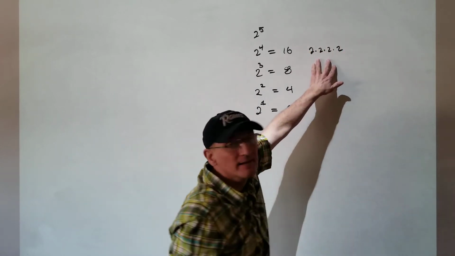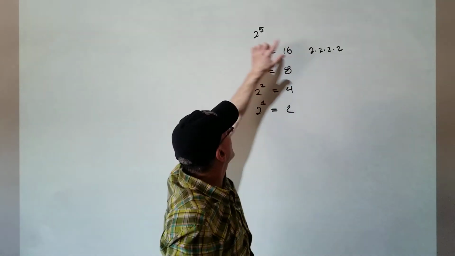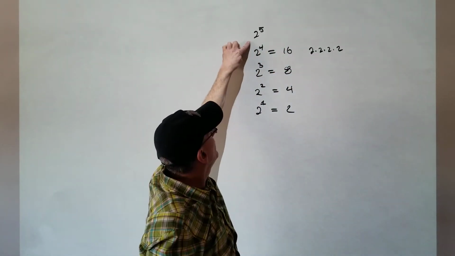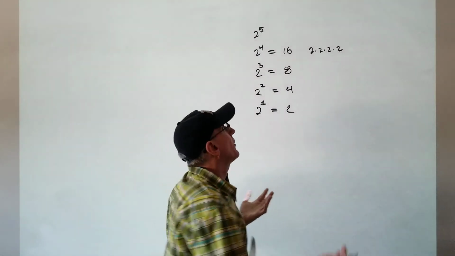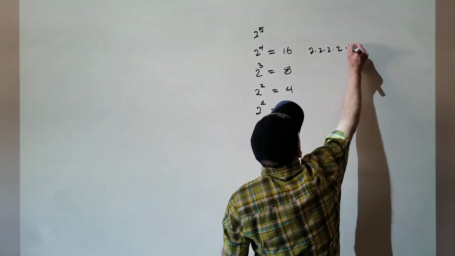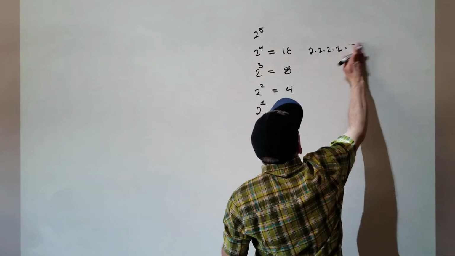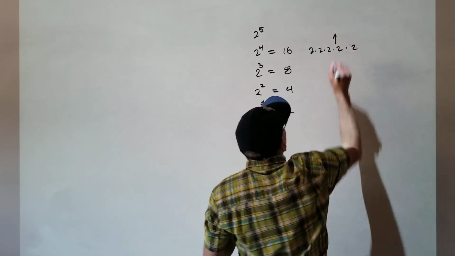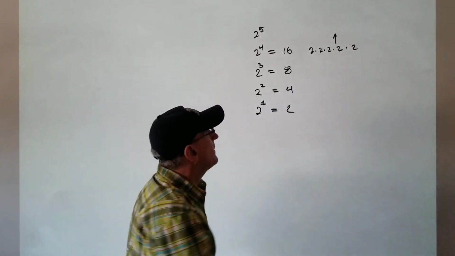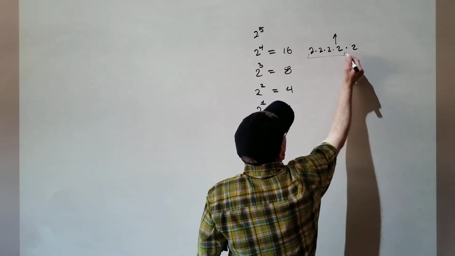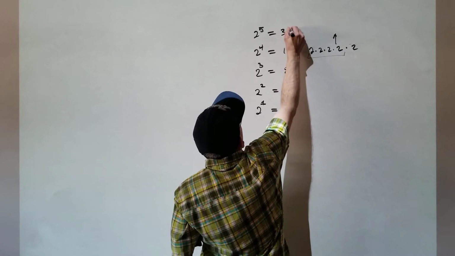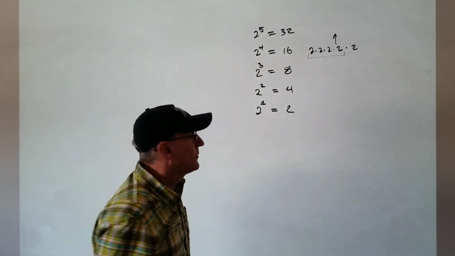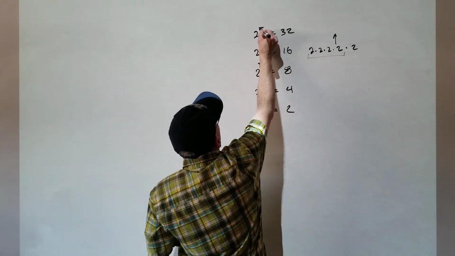That's how we got 16. And if you're going to go up 1 power above the 4th power, up to the 5th power, all you're really doing is throwing another 2 in there. That's what takes you up to the next power. Well, this was 16, and if you multiply that by 2, you are in fact going 1 power higher. That's the way it works with a base of 2.